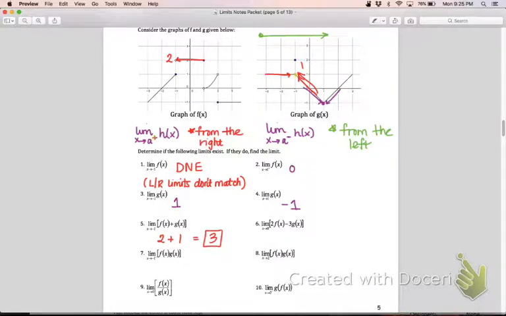So this is moving a little bit more into that abstract idea as opposed to just a straightforward limit. So try number 6 so that we can start talking about that when you see me next. And then feel free to go ahead and kind of think and make a guess on 7 through 10. That'll make it easier for us to talk about when I see you.